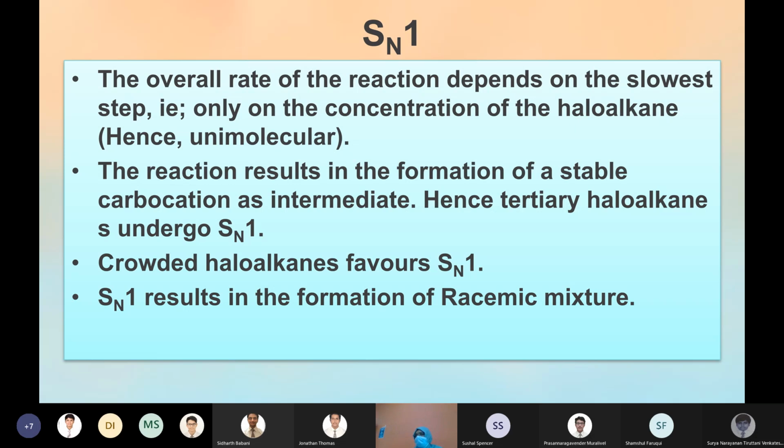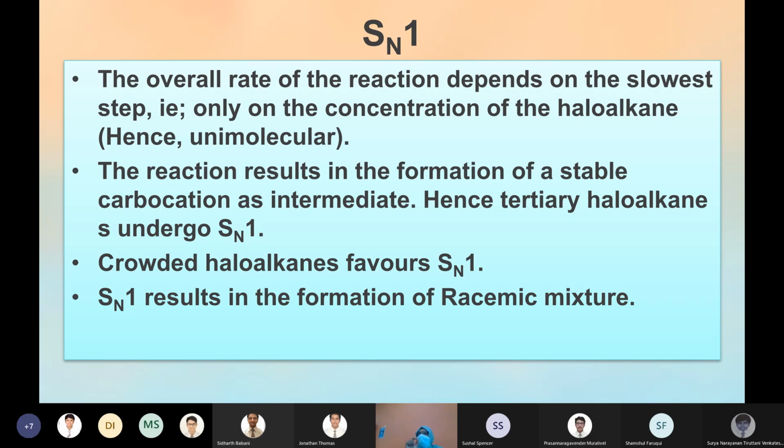So is it clear? Now you will be able to compare SN1 and SN2. Why it is named SN1 and SN2 is based on the number of molecules in the slowest rate determining step. Mostly the question will be like this: a compound will be given and you will be asked to write which is the preferred mechanism for the given compound.